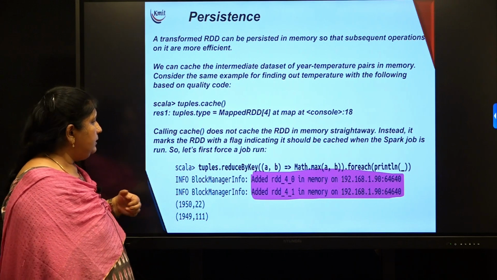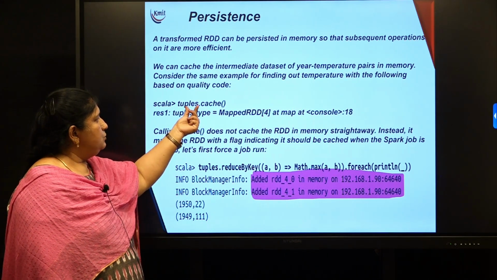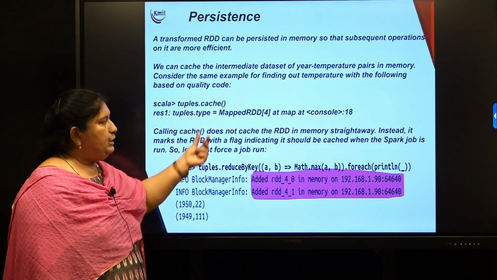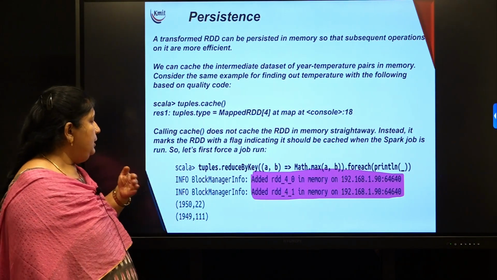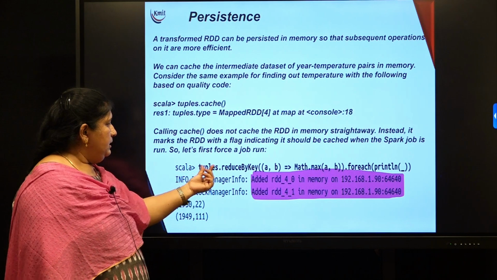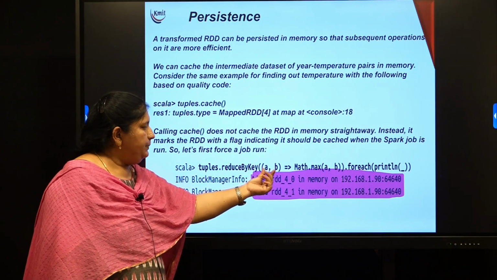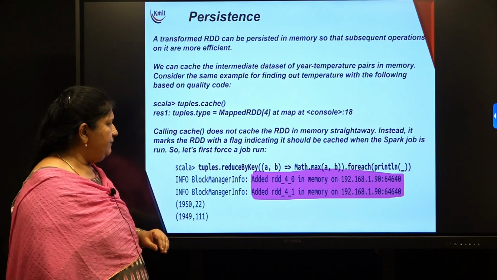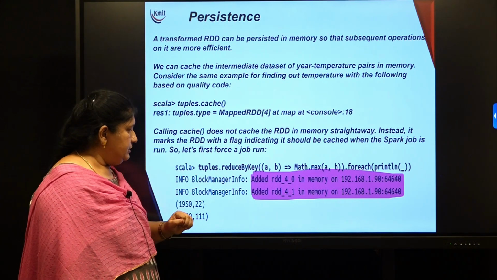How do we do that? We do this with a method called tuples.cache. The moment you call this method, it will put them in the cache memory. Now try to see my example. Tuples.reduceByKey with a, b taken as math.max of a, b, and for every value you print that.